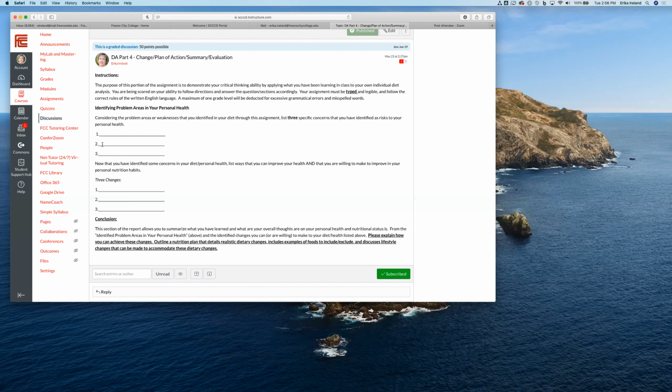Then my second one could be that a lot of you noted in your vitamins and minerals area that you didn't meet the requirements for a majority. So you might want to put here that you were especially low in calcium and especially low in vitamin D. Maybe those were the ones that stuck out to you because you learned so much about the fact that our bodies need calcium because our heart needs to pump every second of every day.